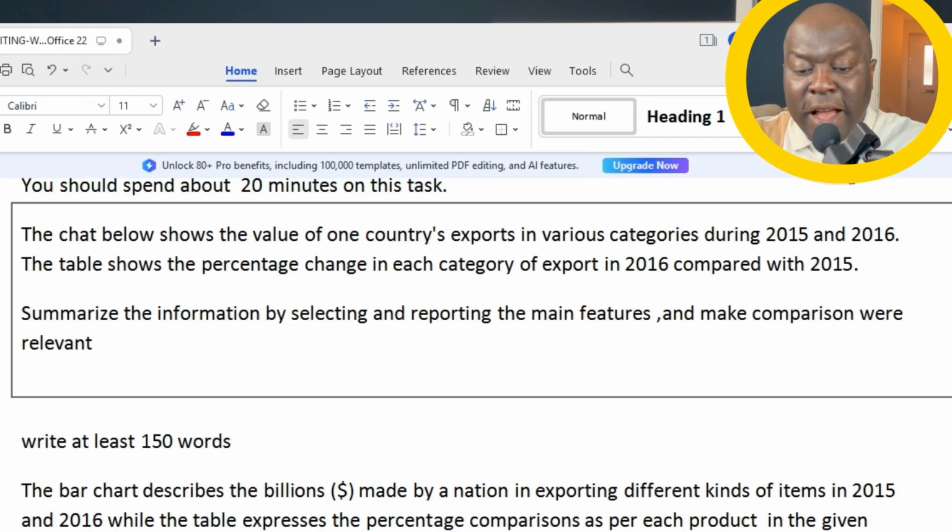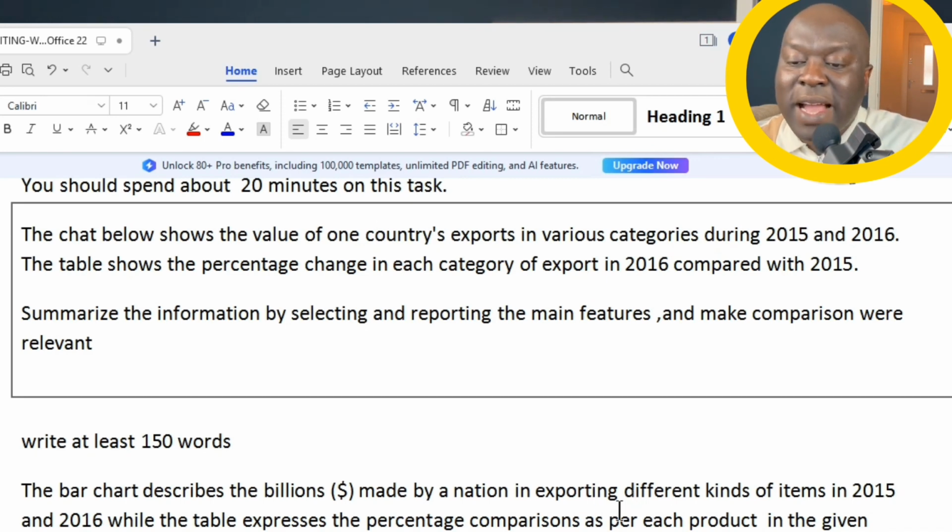I said the bar chart describes. The prompt says shows and I said describes; you should make sure it is also in the singular verb. Shows and describes, both saying the same thing, but the s must be there. So billions made by a nation in exporting different kinds of items in 2015.